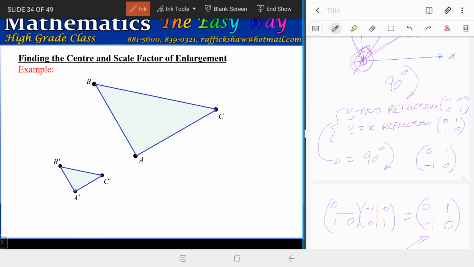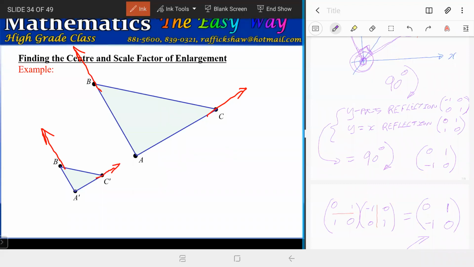But understand that. Next question: is the scale factor positive or negative? Would the scale factor be positive or negative for this one? Unmute the mic and tell me. Positive. Good. All you have to do is look at the points pointing. This point B is pointing so, B prime is pointing so. They point in the same direction. C is pointing so, C prime is pointing so.